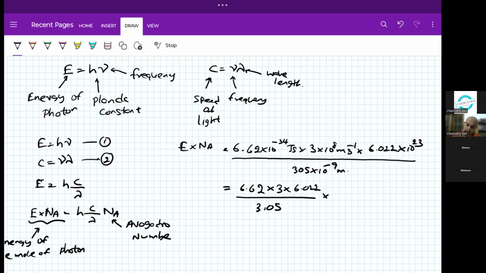Then 10 to the power minus 34 into 10 to the power 23.